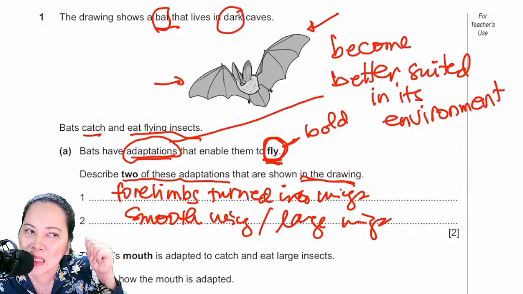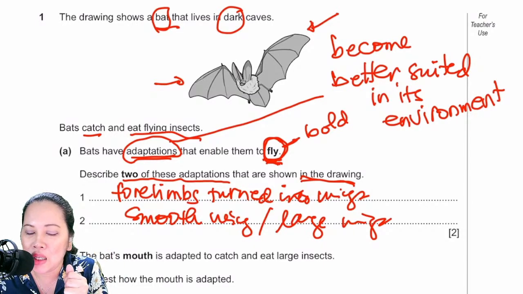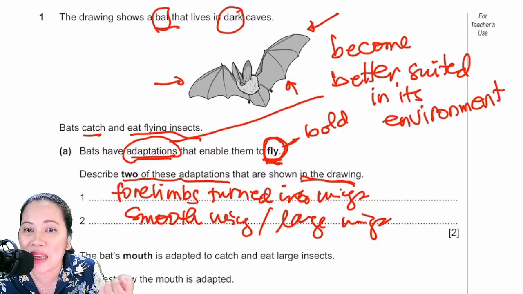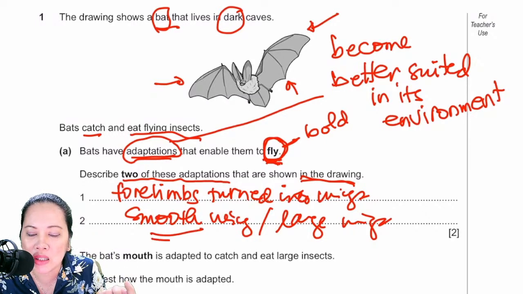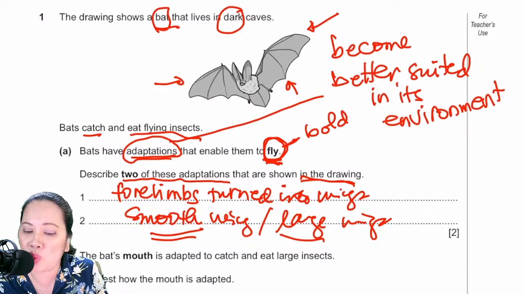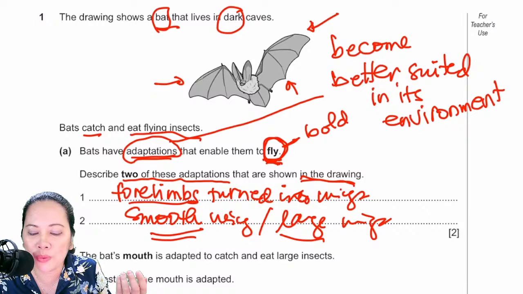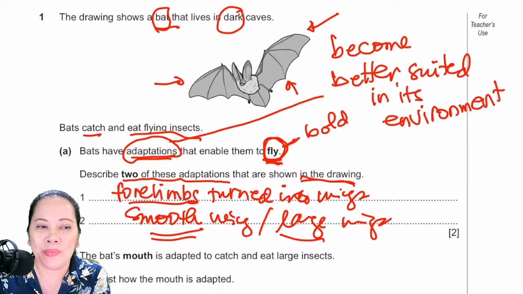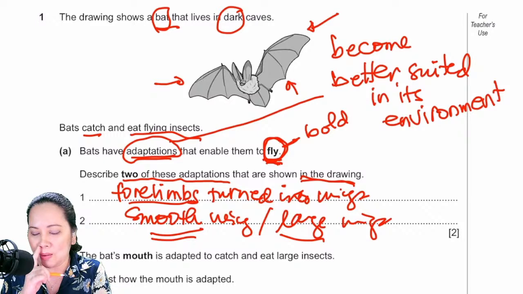That means it must be about the wings. So what is in the wings of your bats that they are able to fly in the dark caves? It must be smooth wings. All right. So you see bats, they have smooth wings. They have large wings. And probably their forelimbs have turned into wings.